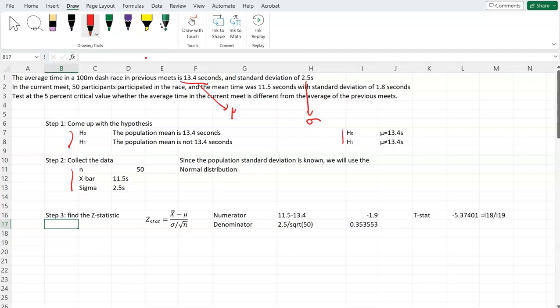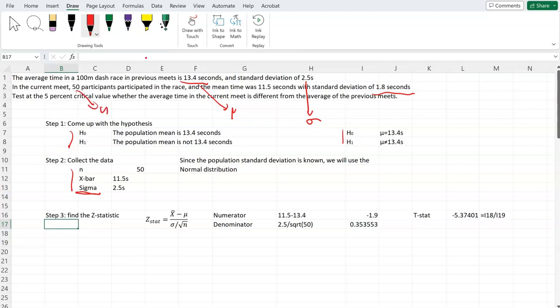If you notice, it's very similar to the t-stat, except instead of using s, which was this number, I am now using sigma, the population standard deviation. That's the one thing we replaced. The numerator I get to be negative 1.9. The denominator is 2.5 divided by the square root of 50, which is n here.